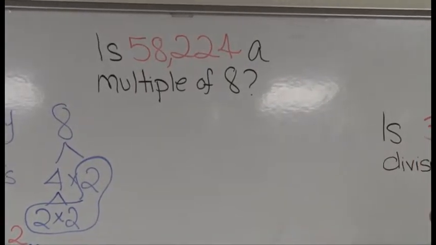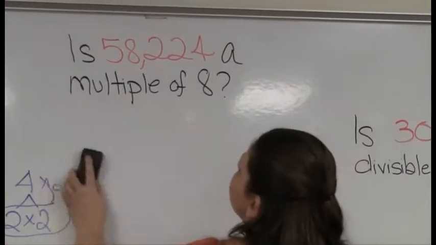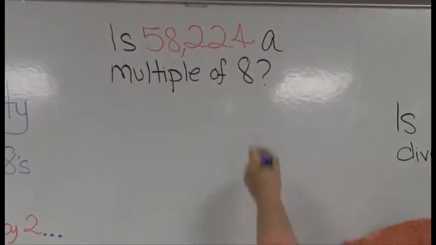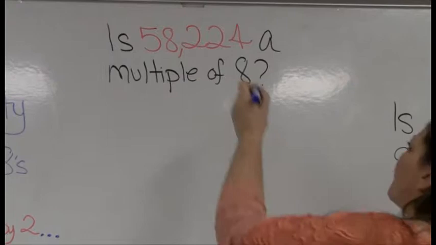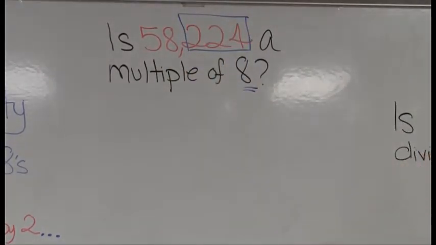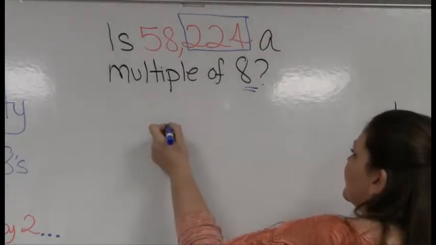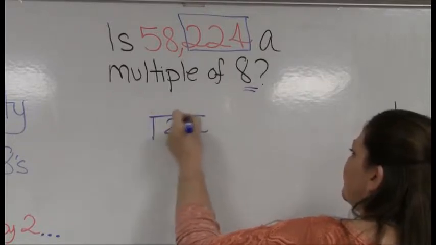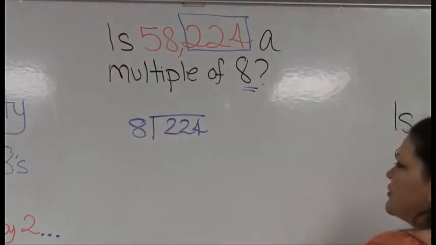It says, is 58,224 a multiple of 8? When we're checking for 8's, we break off the last 3 digits and do some long division with the number 224. So I'm going to divide 224 by 8 to see if I get a remainder.